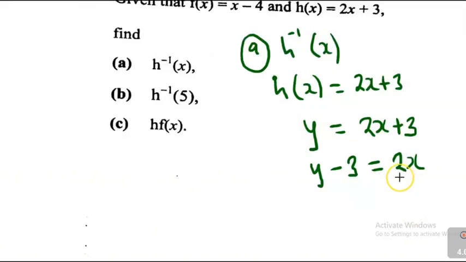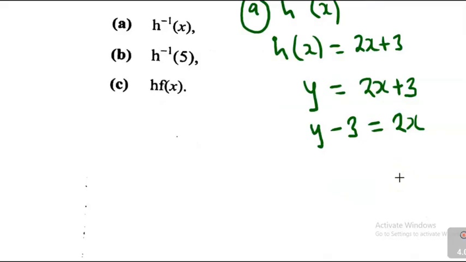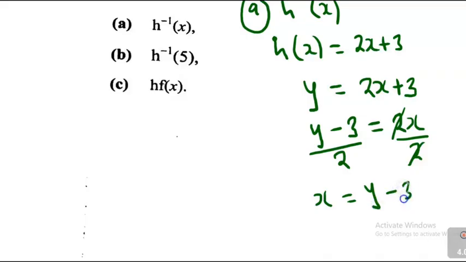From there, what's next? Since we want to remain with x this side, we need to divide by the coefficient of x, which is 2. These 2 and these 2 cancel, therefore x is equal to y minus 3 over 2.